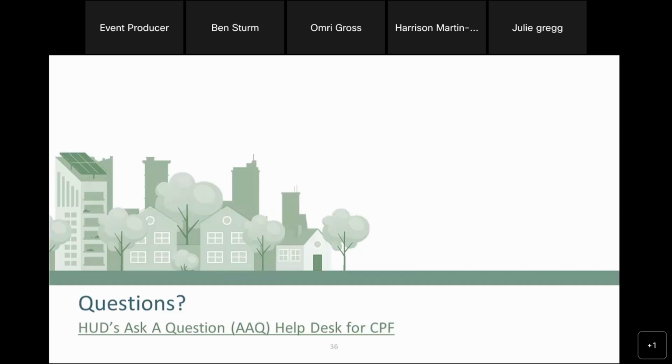This also includes any questions pertaining to HEROS, getting access to HEROS, using HEROS. You can submit an AAQ for those types of questions as well. The AAQ portal can be found on the HUD Exchange, that's hudexchange.info, under the Program Support tab. When you go to the Program Support tab, look for the Ask a Question desk.